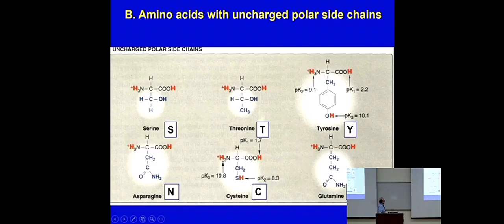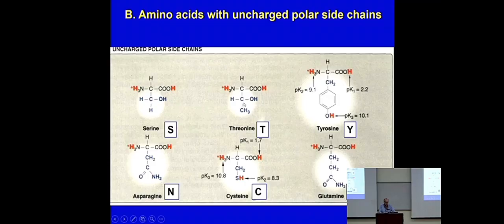And cysteine has a sulfhydryl group, SH, as part of its R group. So CH2SH. This SH is called sulfhydryl. That imparts polarity to cysteine. So this is a unique feature of cysteine.